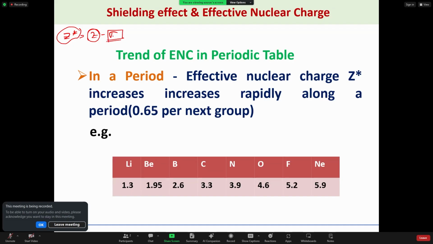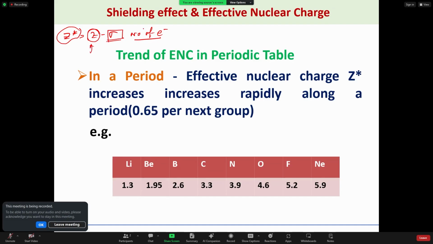Now, this shielding constant value is actually dependent on the number of electrons. When the number of electrons is more, then the sigma value will be more. And this Z value also will be high.